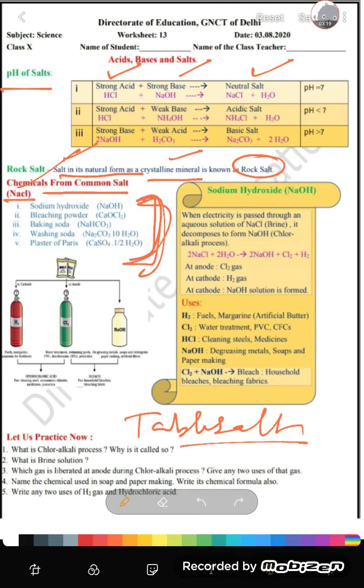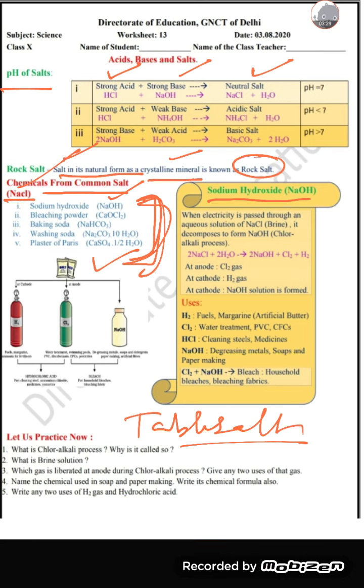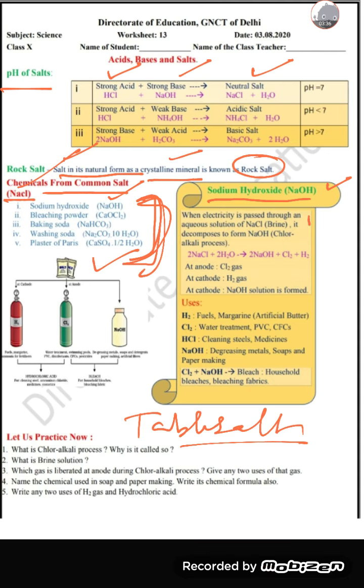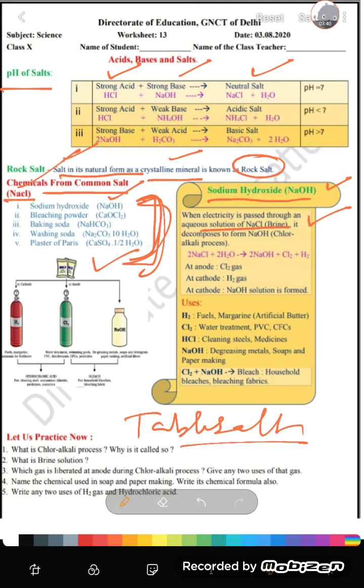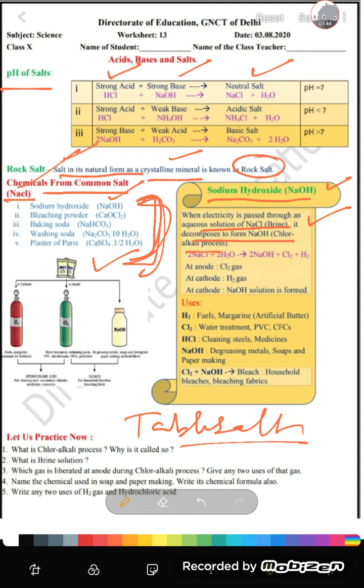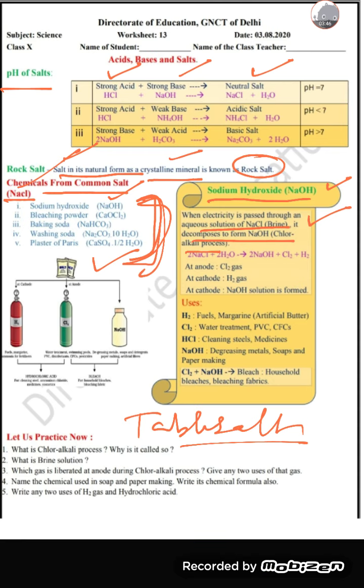Students, here we have a process called the chlor-alkali process, which is used to form sodium hydroxide. Let's see how it is formed. When electricity is passed through the aqueous solution of NaCl, it decomposes to form NaOH, and this process is called the chlor-alkali process.